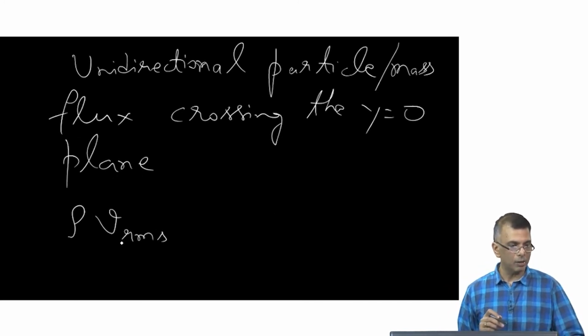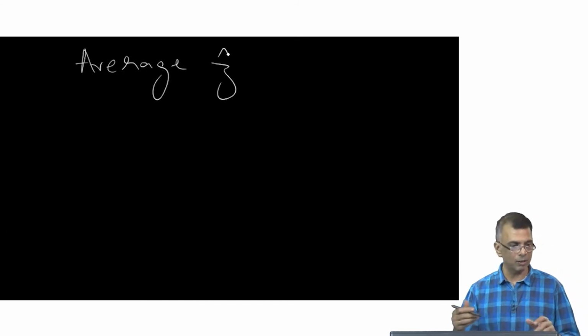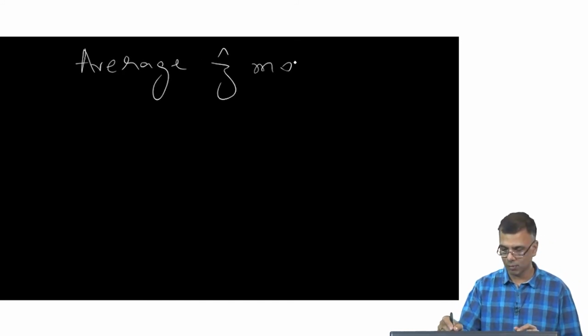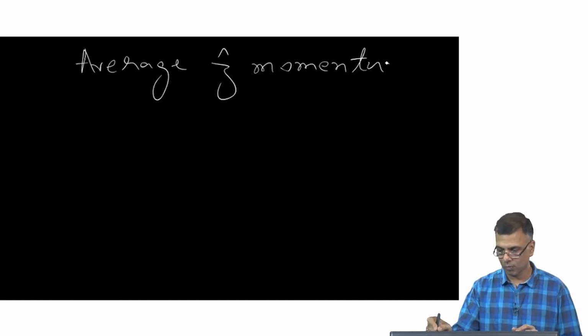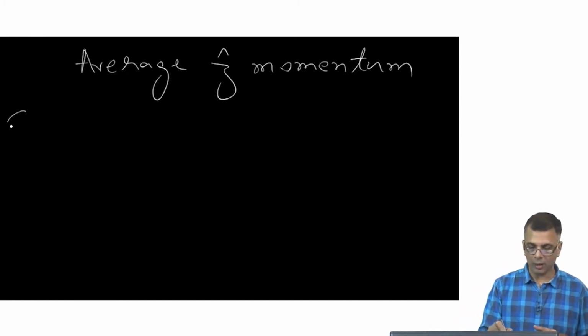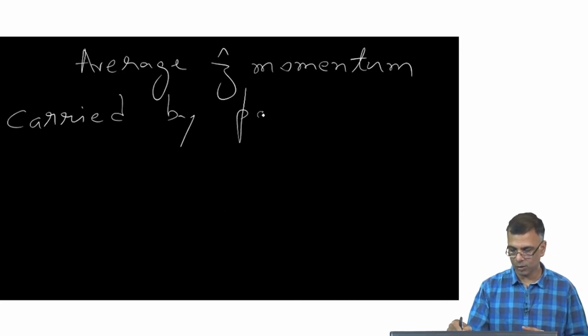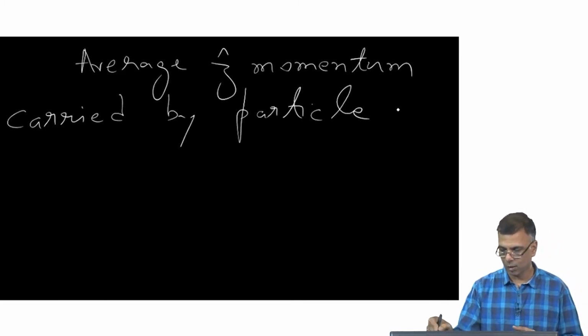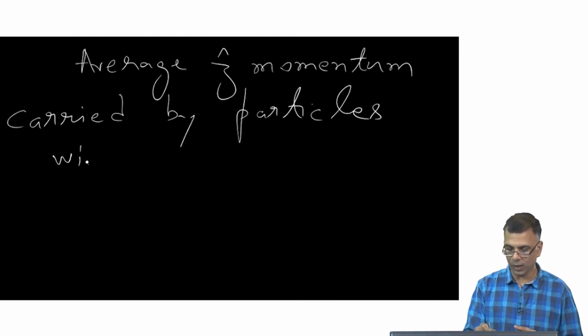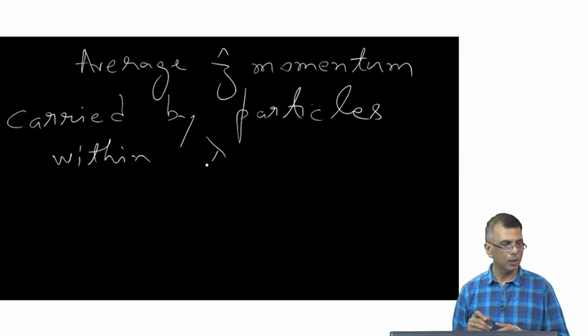And the other thing to remember here is that the magnitude of the average z momentum carried by particles within a mean free path lambda, right?